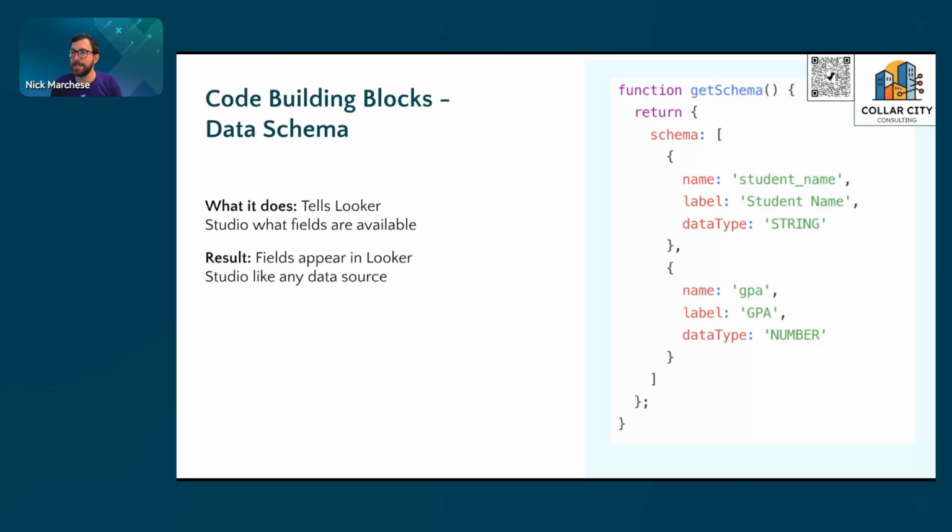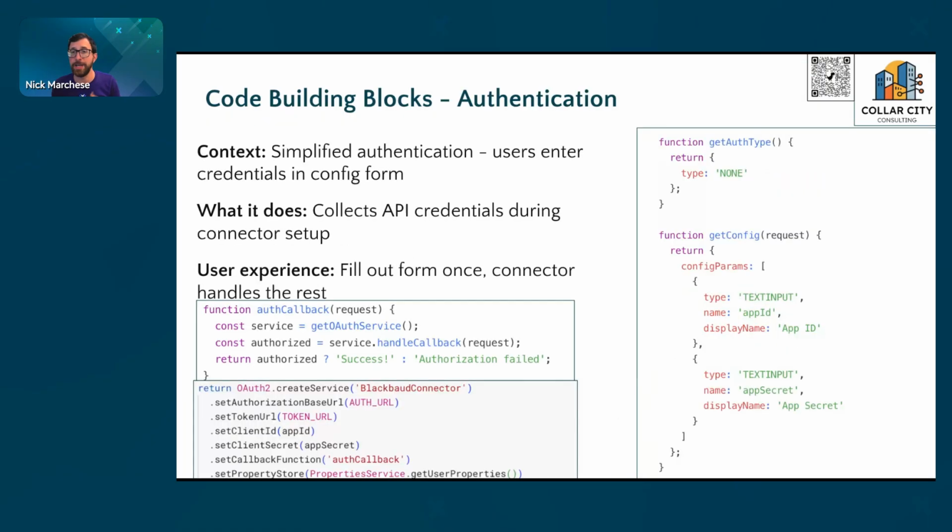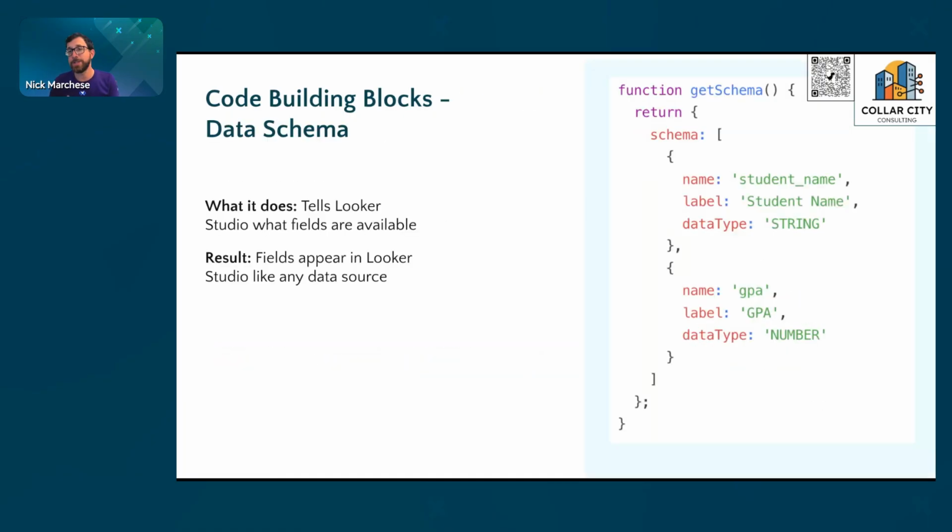So we talked a little bit about the data schema earlier on, where it tells Looker Studio what fields are available and which ones should appear in the report. So this get schema. I'm not just naming these functions get config, get auth type, get schema. These are functions that Looker Studio is expecting and looking for, and you'll see that if you look through their documentation. So here's an example of it saying I'm expecting student name and GPA to be data that should be coming at me.